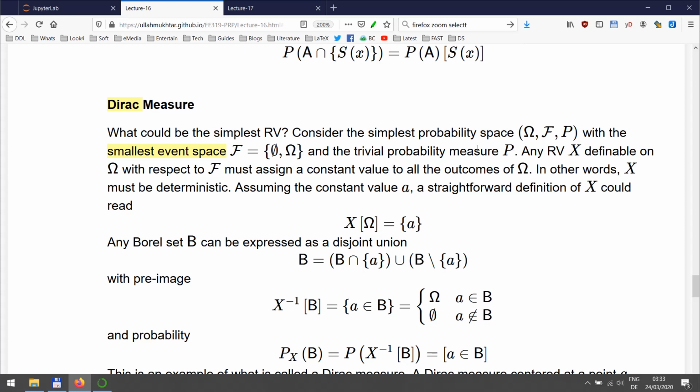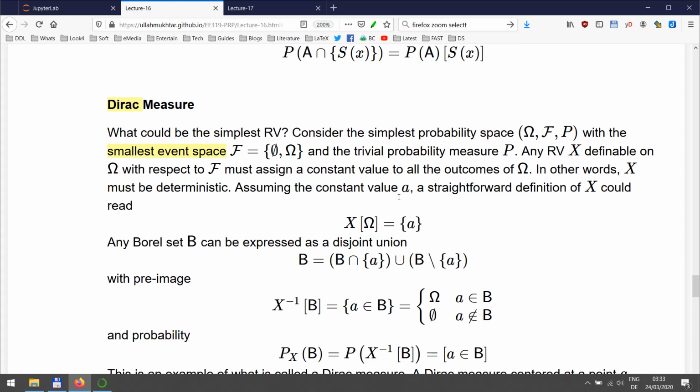If I want to define a random variable x on this probability space, because this must correspond to a problem, since I only have two events in the event space, this random variable must assign a single value to all the points in the sample space, because the sample space is the only non-empty event.